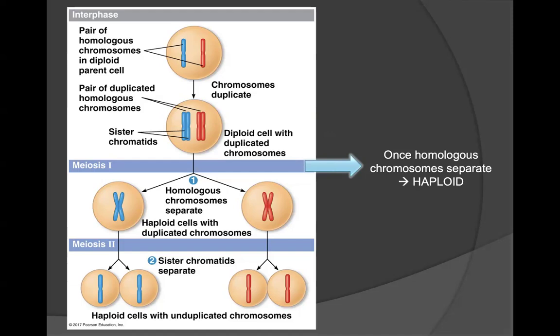Similarly, in the mother's copy, the copy with the red chromosomes, those chromatids are also going to be pulled apart in meiosis 2 and also result in the production of two additional haploid cells. As a result of this process, we have gone from one diploid parent cell to the production of four haploid genetically distinct gamete cells. This is the process of meiosis.